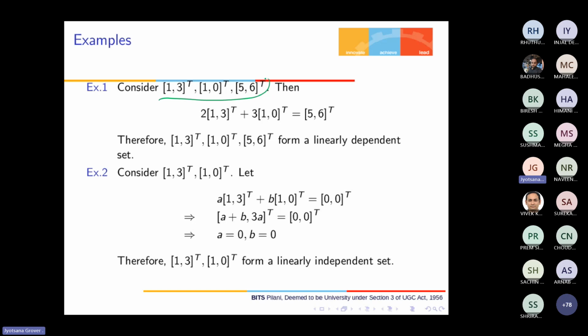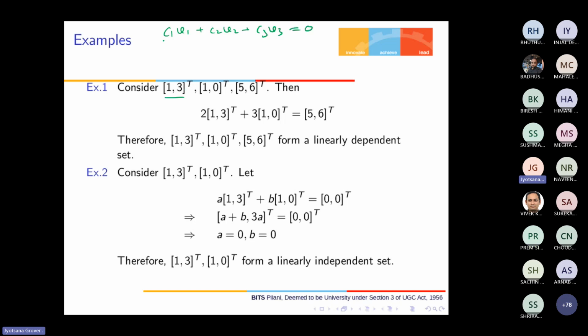If you just ignore this, you want to prove whether this is linearly independent or dependent. So you start with C1 V1 plus C2 V2 plus C3 V3 equals 0.